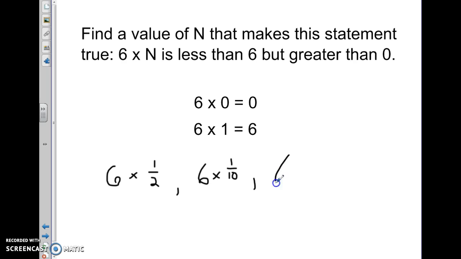If we multiplied by, I don't know, how about 7/8? We would get less than 6 because the 7/8 is less than 1, right? So we're just taking 7/8 of 6. We're not taking a whole one group of 6. We're just taking part of the group of 6. We would get less than 6, but we get more than 0. So any regular fraction is going to work for this scenario. And remember, regular fraction means that the numerator is smaller than the denominator. It's not an improper fraction. Okay.